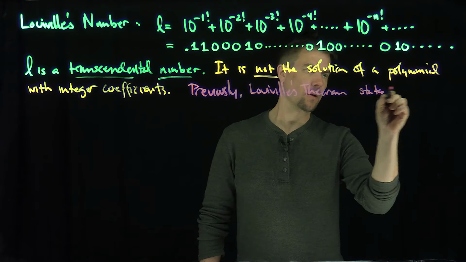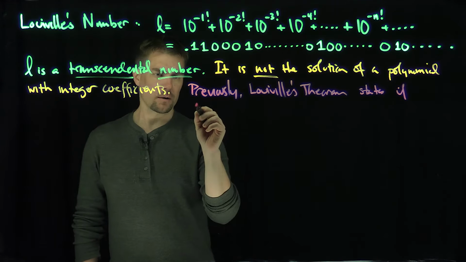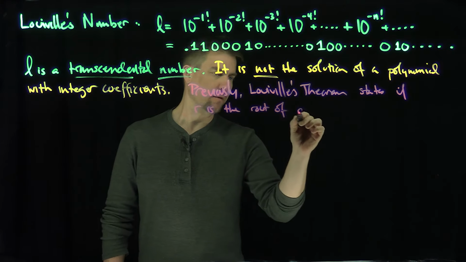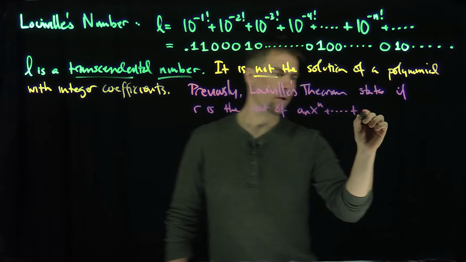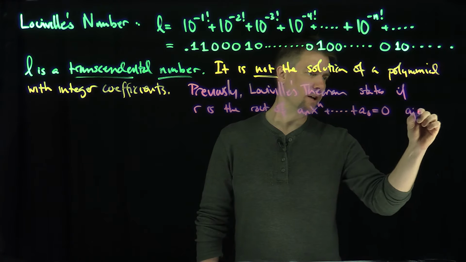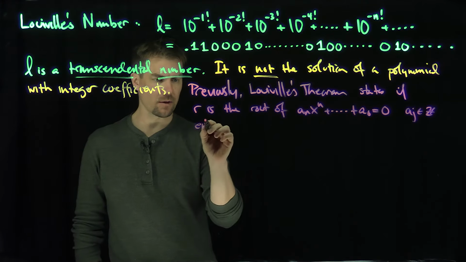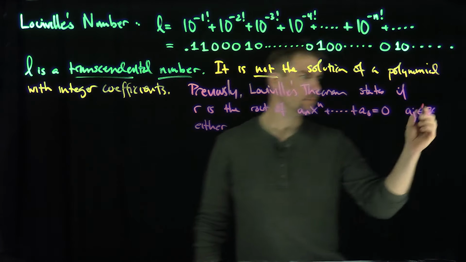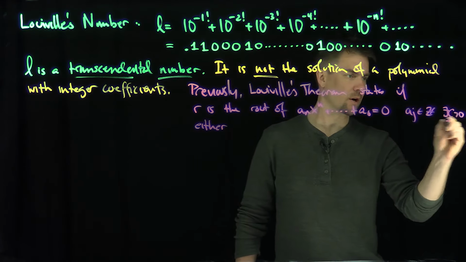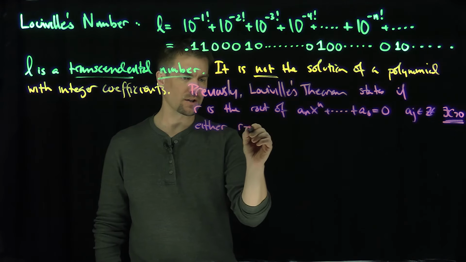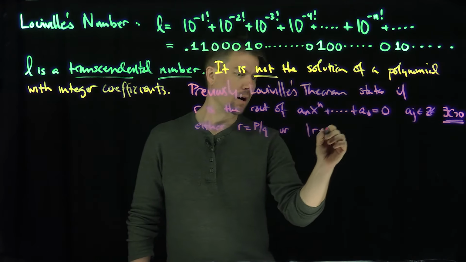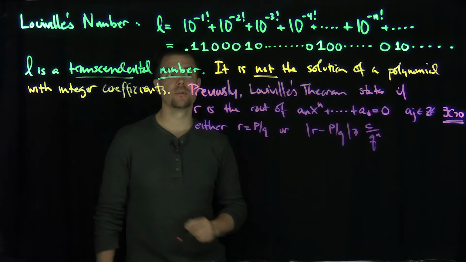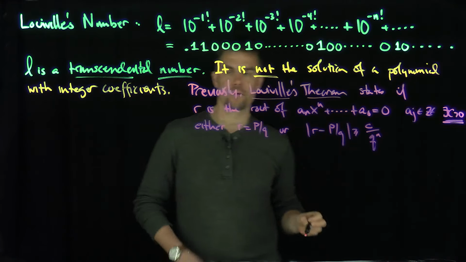It states: if R is the root of a_n x to the n all the way down to a_0 equal to 0 with the a_j integer coefficients, then either R is p over q, or there exists a positive constant c greater than 0 such that R minus p over q is bigger than or equal to c over q to the power n. That's Liouville's theorem on the approximation of these sorts of numbers.